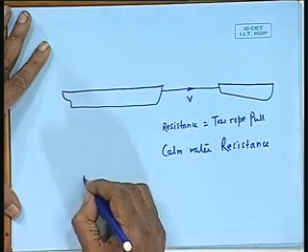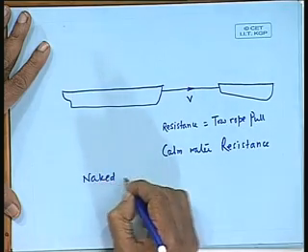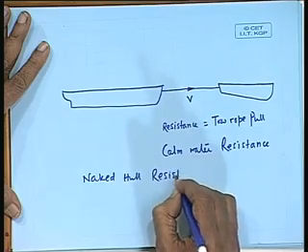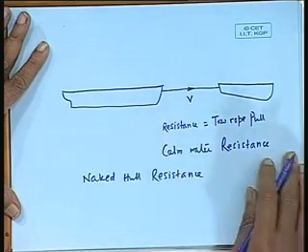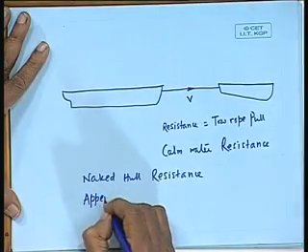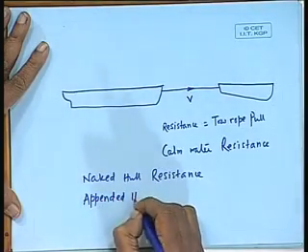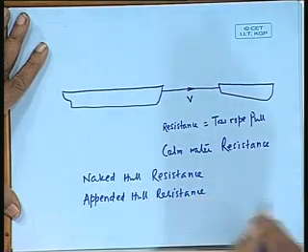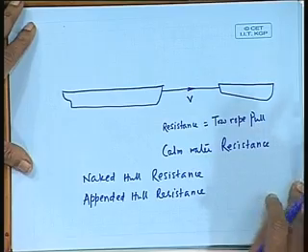So, if there are no appendages when we determine the tow rope pull, this is called the naked hull resistance. And if the appendages are there when we determine the resistance of a ship, this is called appended hull resistance. Is that clear?